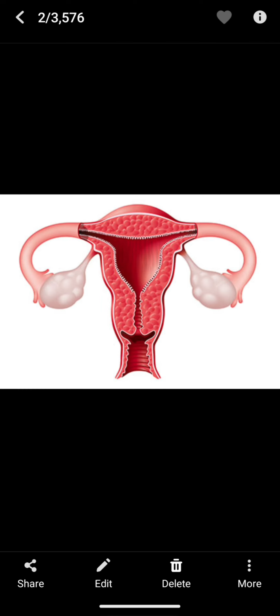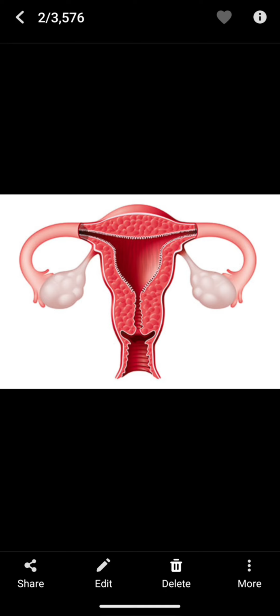In the menstrual cycle, there are two types of cycles. First one is the uterine cycle, another is the ovarian cycle. The uterine cycle is the changes that occur in the uterus during the menstrual cycle, and the ovarian cycle is the changes that occur in the ovary during the menstrual cycle.